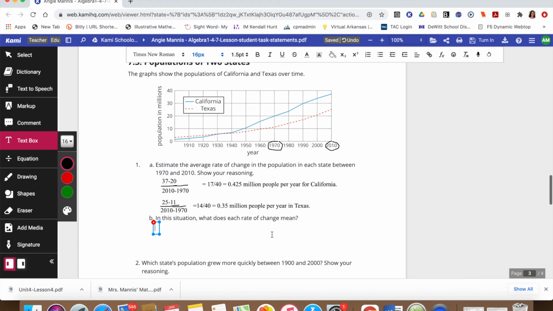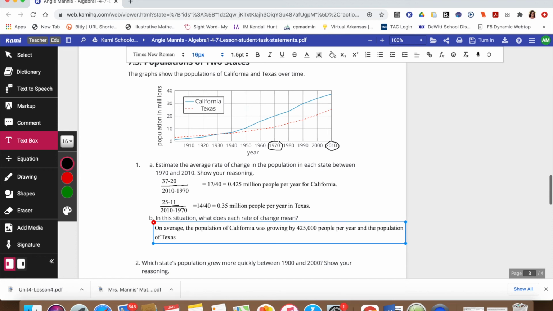We could say in California, on average, the population of California was growing by 425,000 people per year, and the population of Texas was growing by 350,000 people per year.